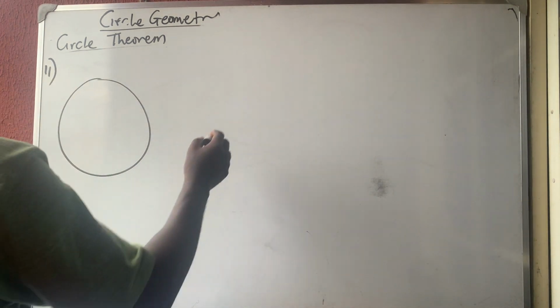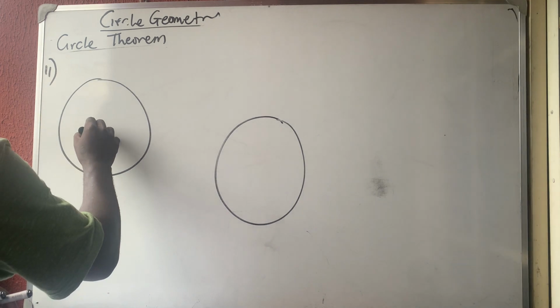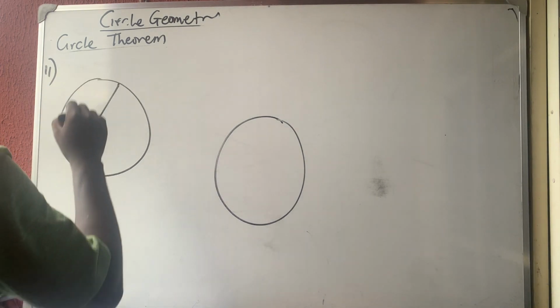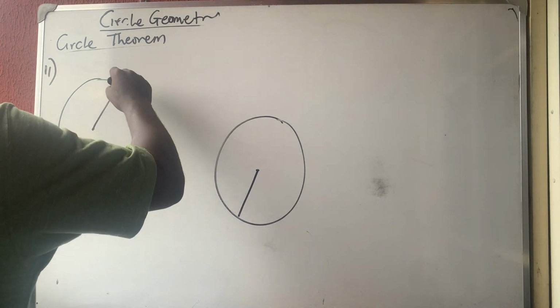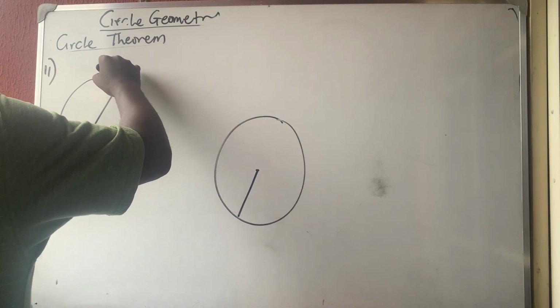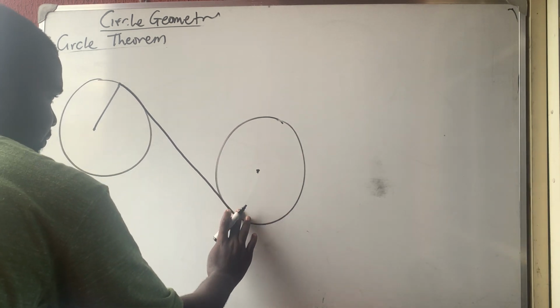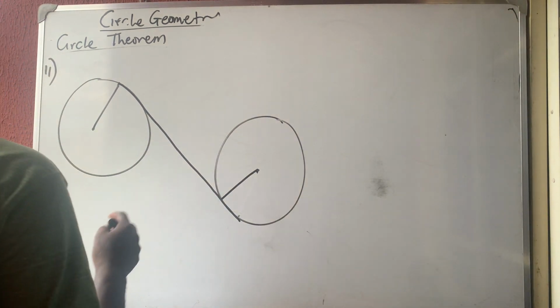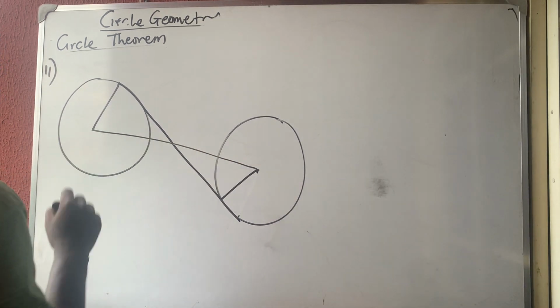So I have two circles like this, from the center to the radius to the circumference, from the center to the circumference, and I have that this tangent moved this way to meet this one, and then this one moved this way to meet this one.